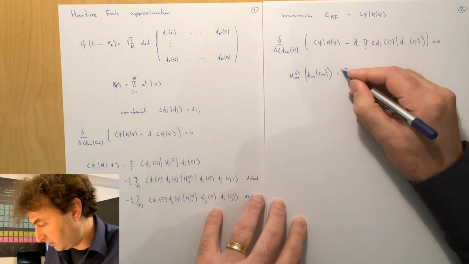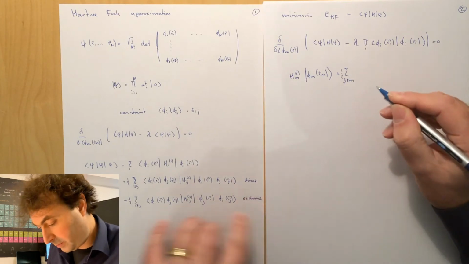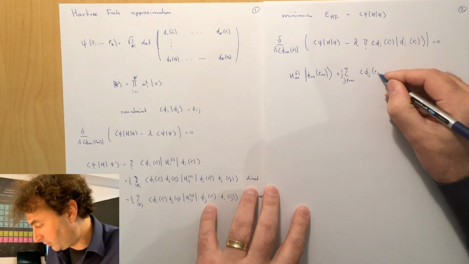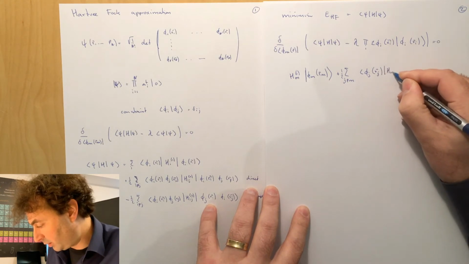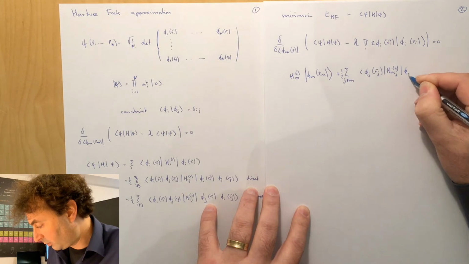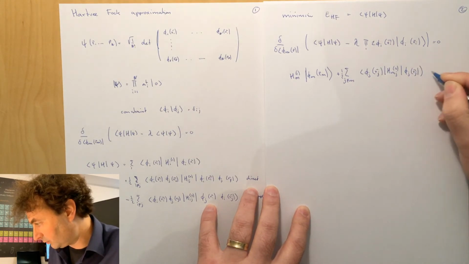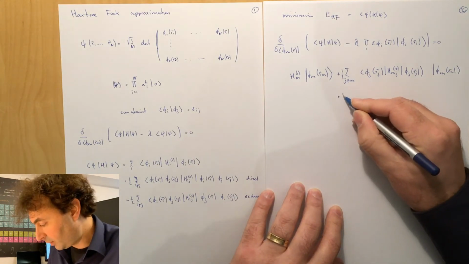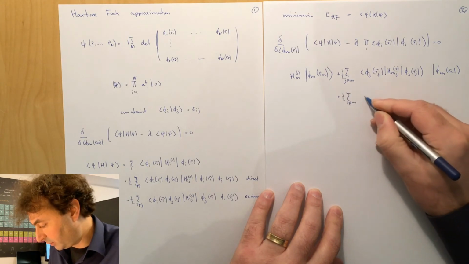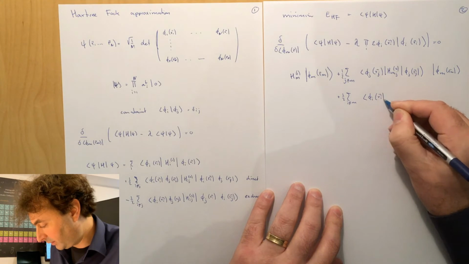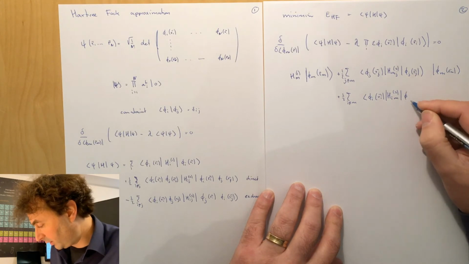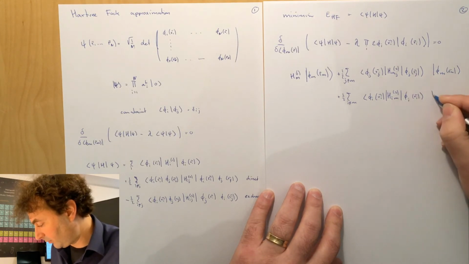Sum over j not equal to m because I took i equal to m, psi j rj h mj 2 psi j rj times psi m rm, plus a half, sum over i not equal to m, psi i ri h im psi i ri psi m rm.